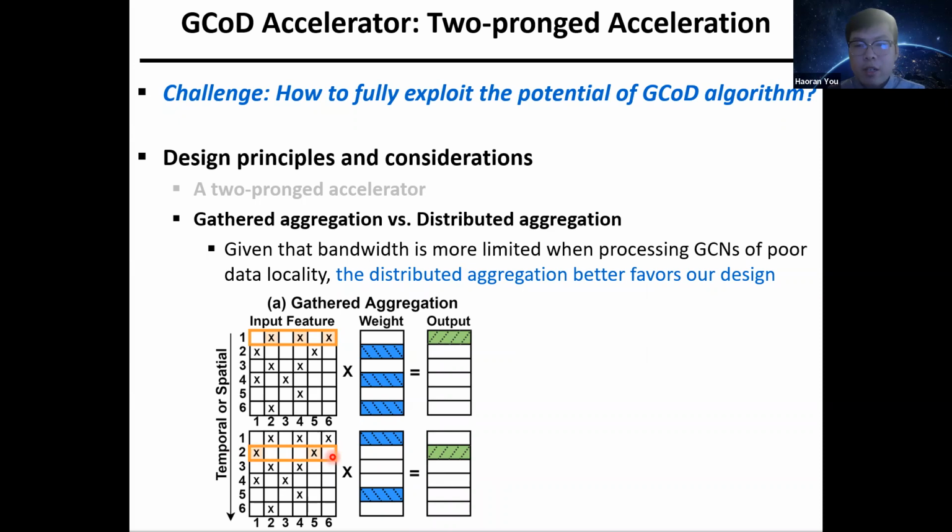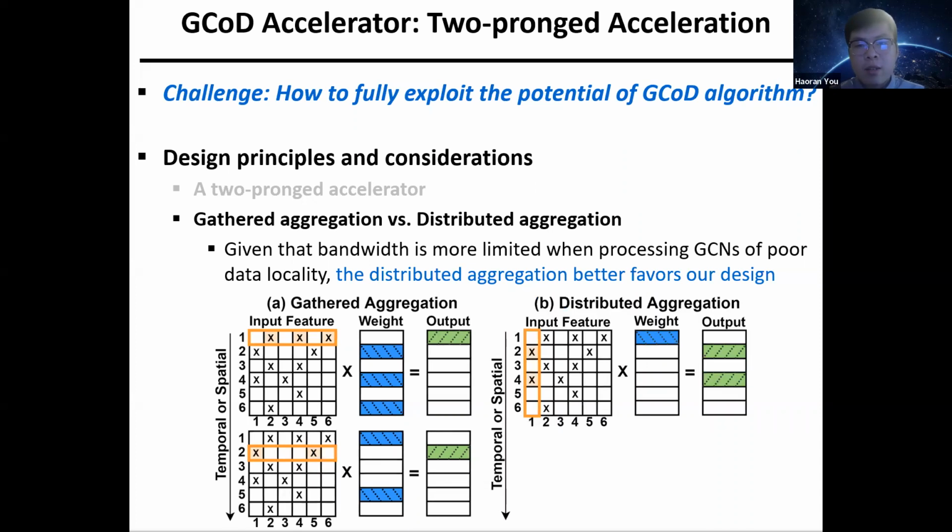The advantage of this design is that it requires only a small buffer for handling the aggregation results, thanks to the good reuse of the intermediate aggregation outputs. The disadvantage is that such gathered aggregation causes irregular and frequent off-chip access of the weights and features, because they are often too large to be stored on chip. As an example, HyGCN adopts such gathered aggregation.